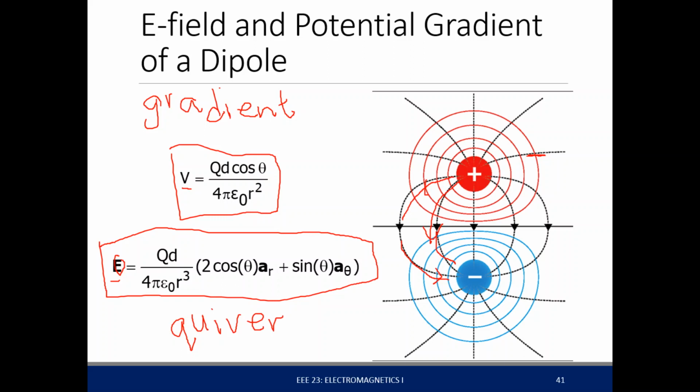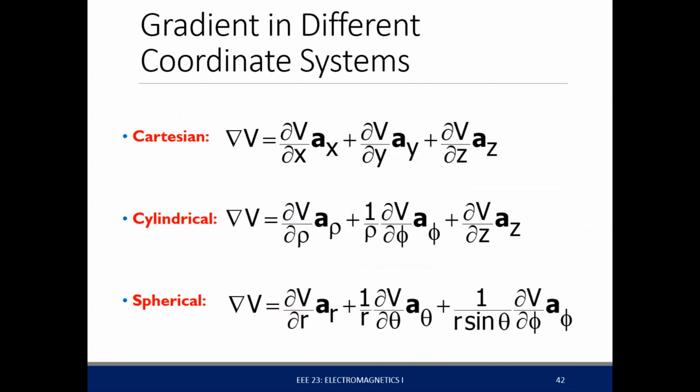All right. So this is the gradient in different coordinate systems. So again, the gradient quantifies the change in each direction. Okay. For Cartesian, you have the change in the x direction, in the y direction, and the z direction. For cylindrical, there's a change in the rho direction, change in the phi direction, characterized by the arc length of the circle, and the change in the z direction.